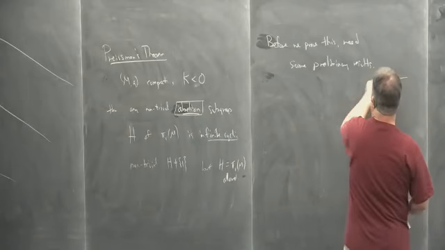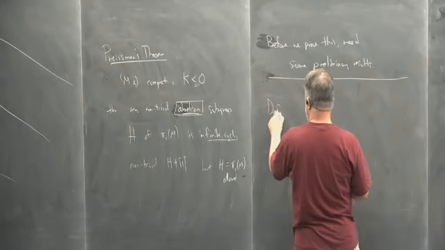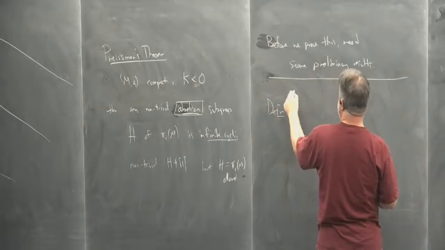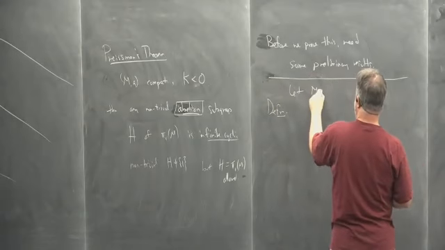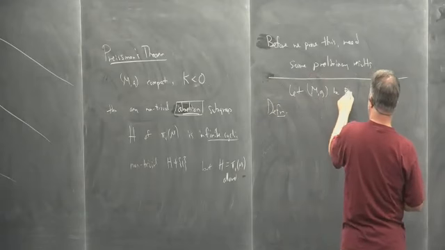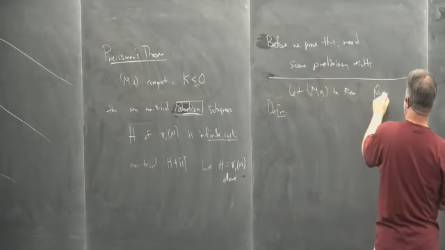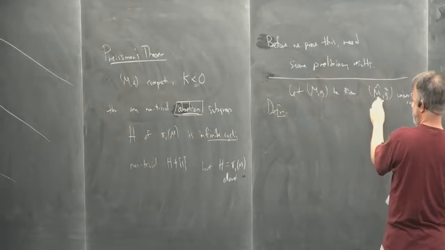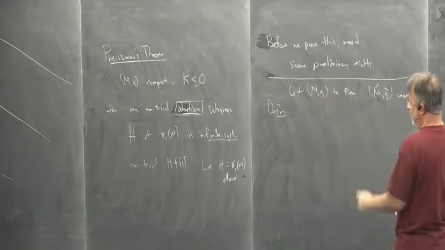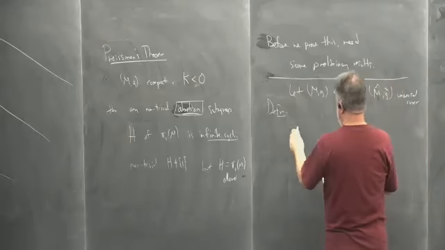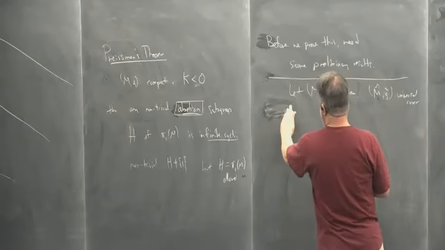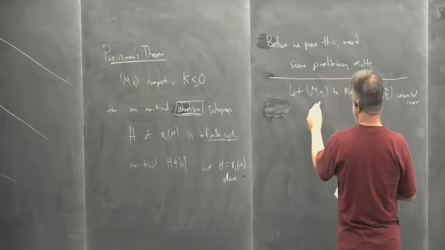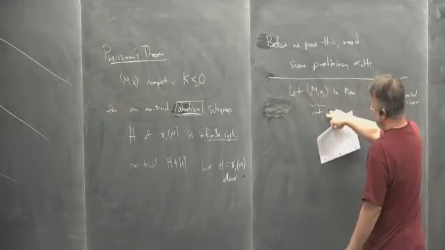So what are these preliminary results? Let's make a definition. Let (M, g) be Riemannian and (M tilde, g tilde) the universal cover. This is simply connected, and the covering map pi from M tilde to M is a local isometry. A lot of these preliminary results are not going to need M to be compact.